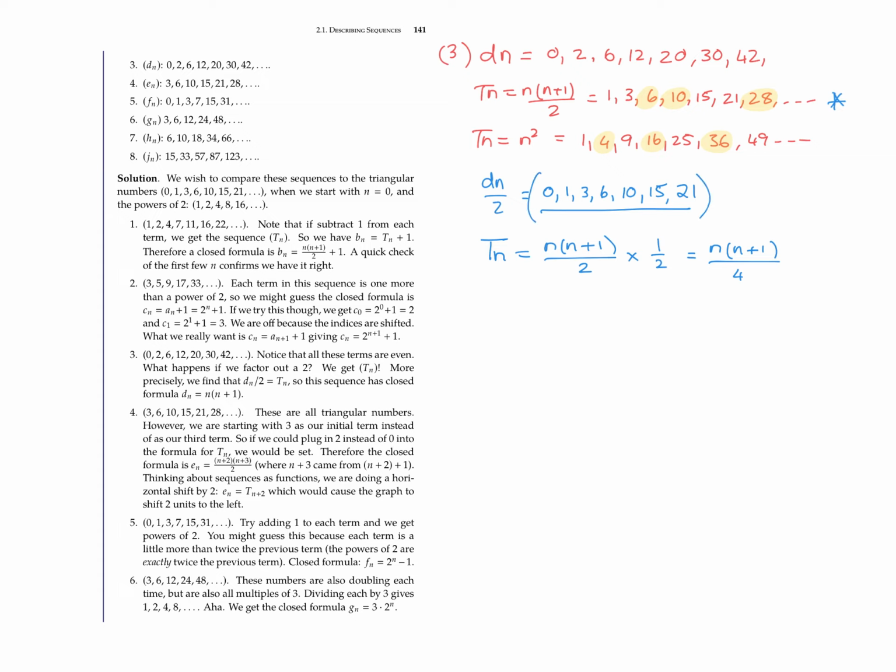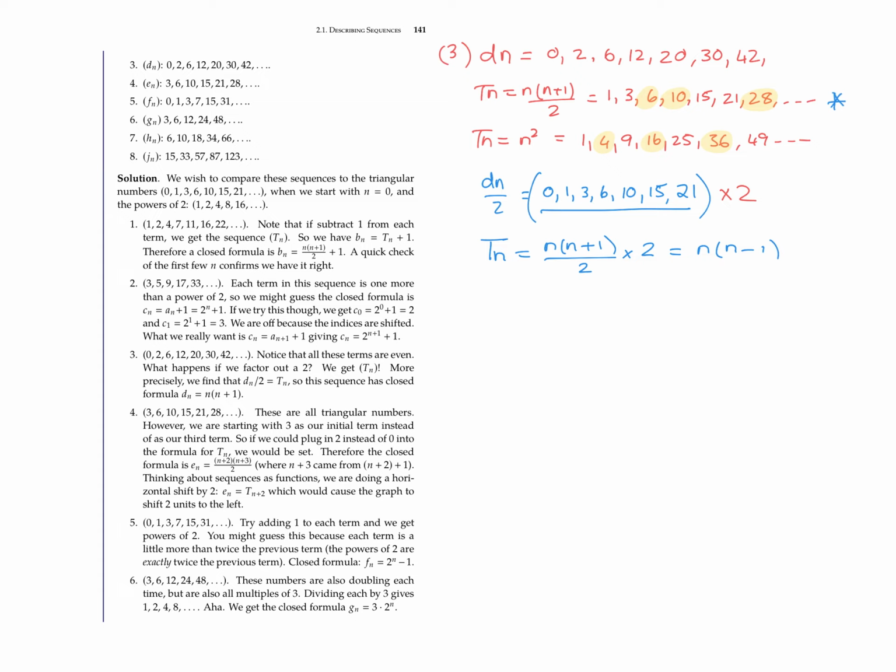The original sequence can then be expressed as the general formula for the triangular number multiplied by 2. Okay, sorry about that stupid mistake. So this is what we've got, and we double it up. So finally, we have n times n minus 1. And folks, that is your rectangular number.